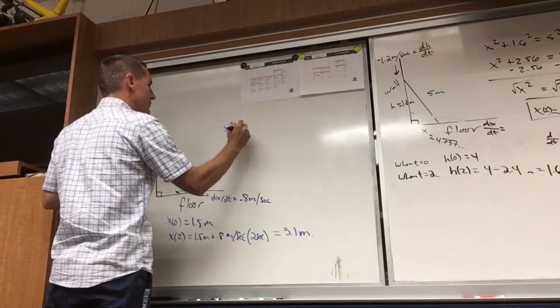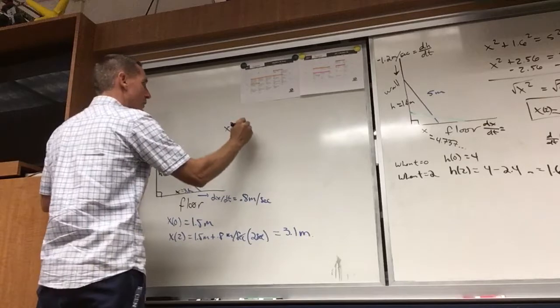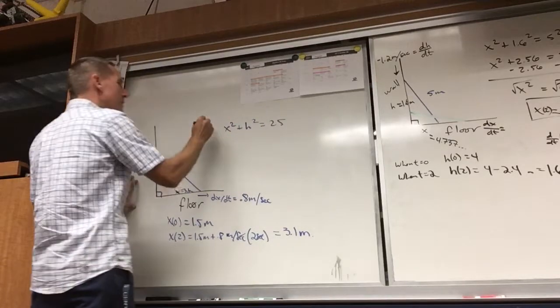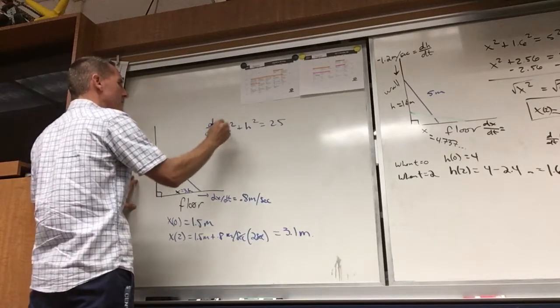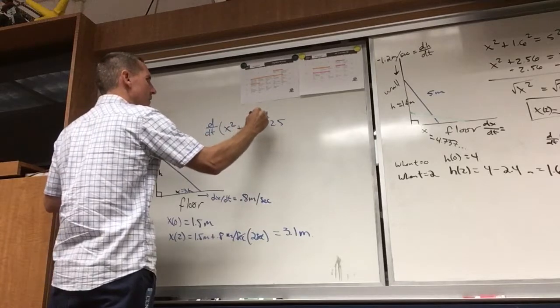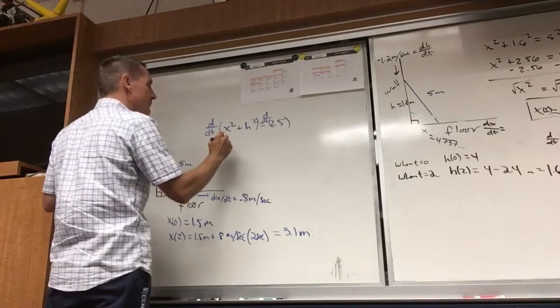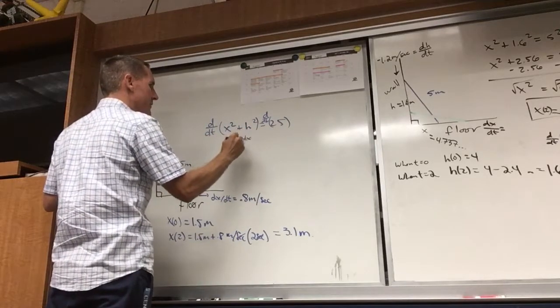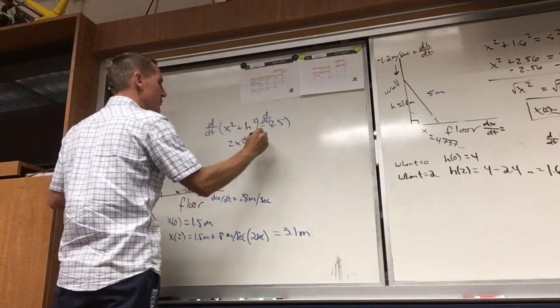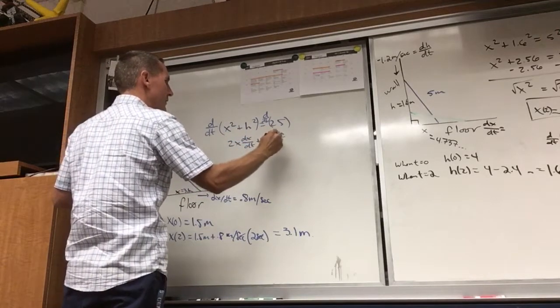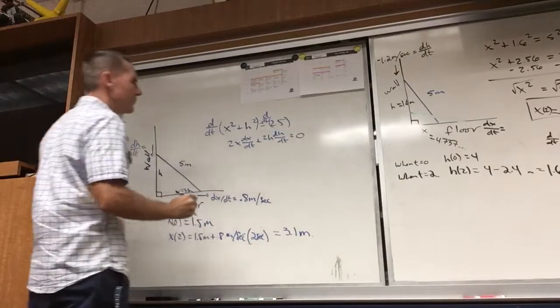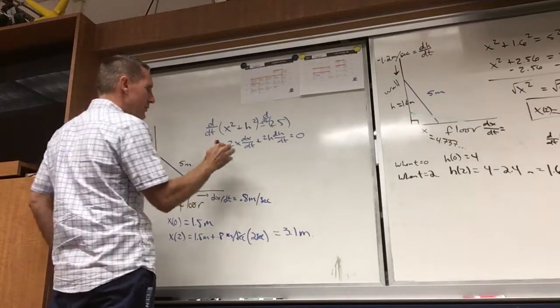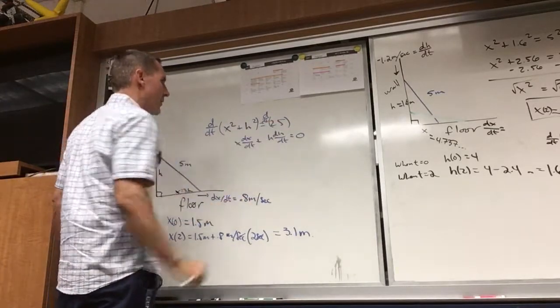If I differentiate both sides with respect to t, I get 2x dx/dt plus 2h dh/dt equals 0. I could divide both sides by 2 just to get that.